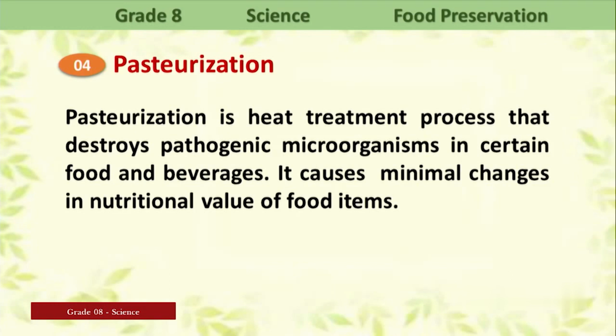It causes minimal changes in the nutritional value of food items. Pasteurization is important because it causes minimum damage to the nutritional value of food items. That is why pasteurization is considered an important method.